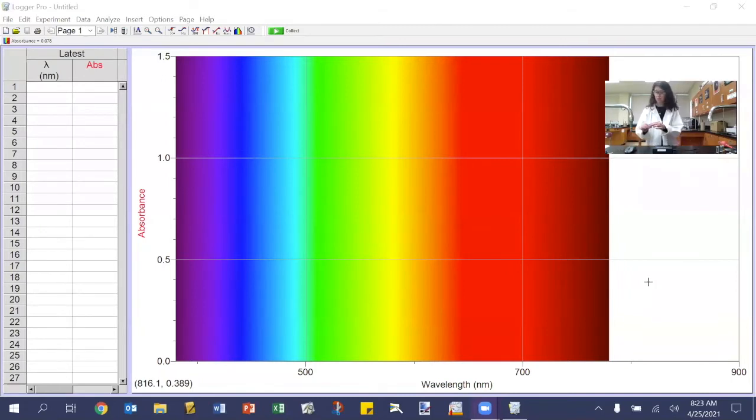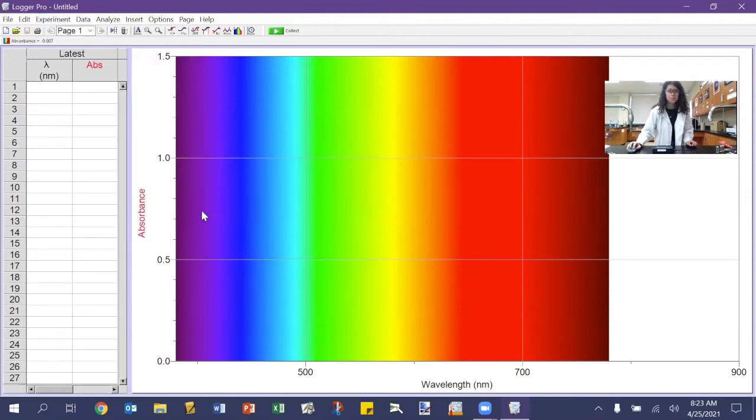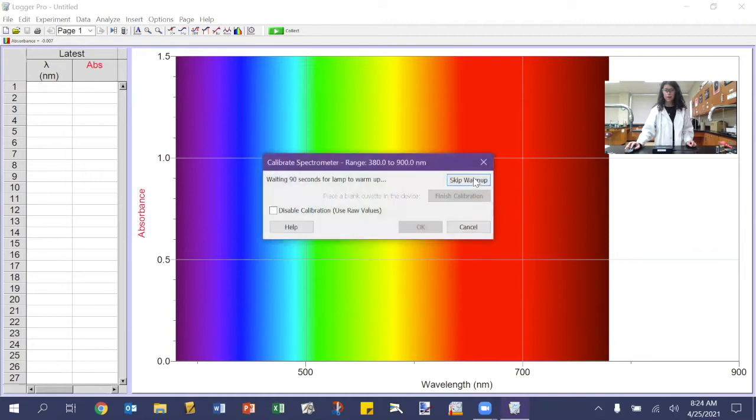So I have here a cuvette filled with DI water, and I do want to use a Kim wipe, make sure there's no fingerprints. And I can skip the warm up because I have let it warm up for more than a minute and a half.